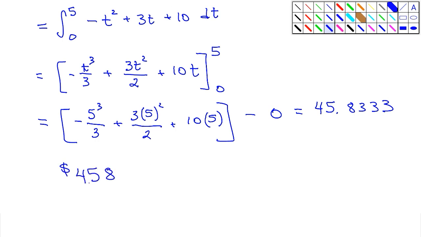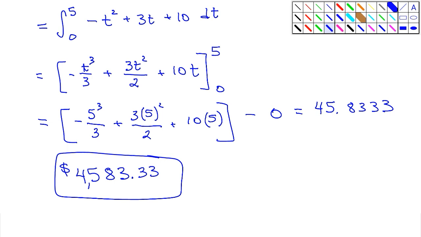We're going to get $4,583.33. And that represents the extra profit that you get by investing in B over the first 5 years than you would have gotten by investing in A.